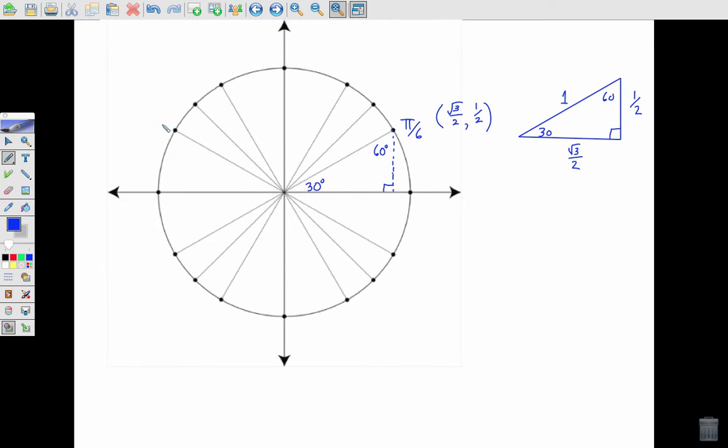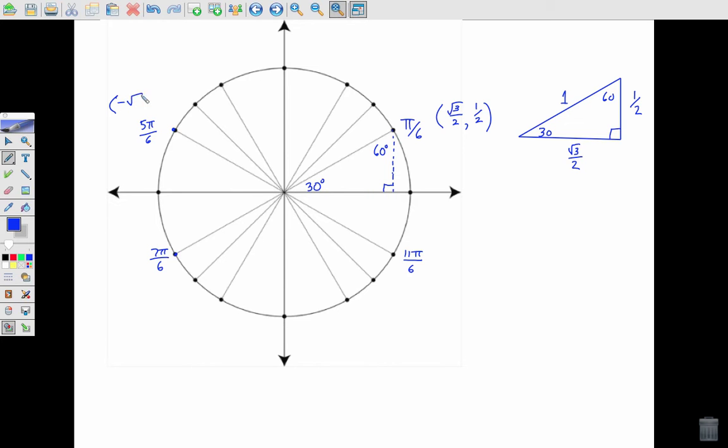Okay, and the pi over 6 family contains 5 pi over 6, which is right here, 7 pi over 6, which is right here, and 11 pi over 6, which is right here. These are all going to have almost the same point, just changes to the signs.